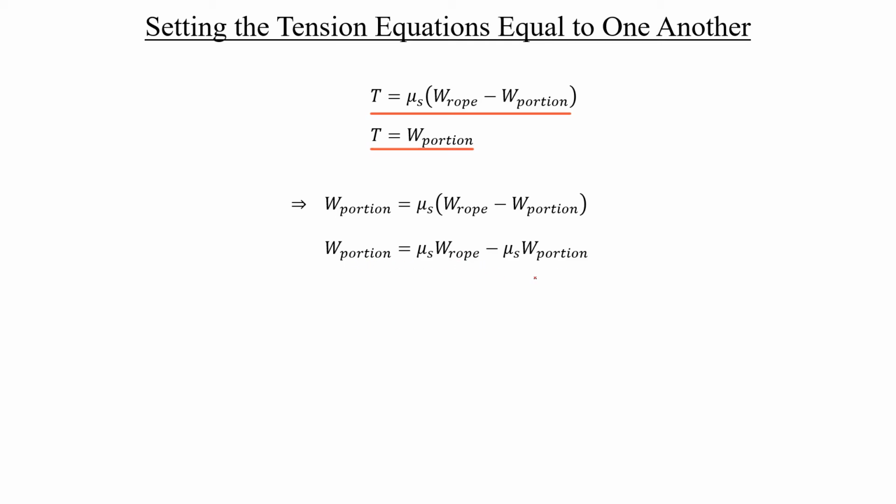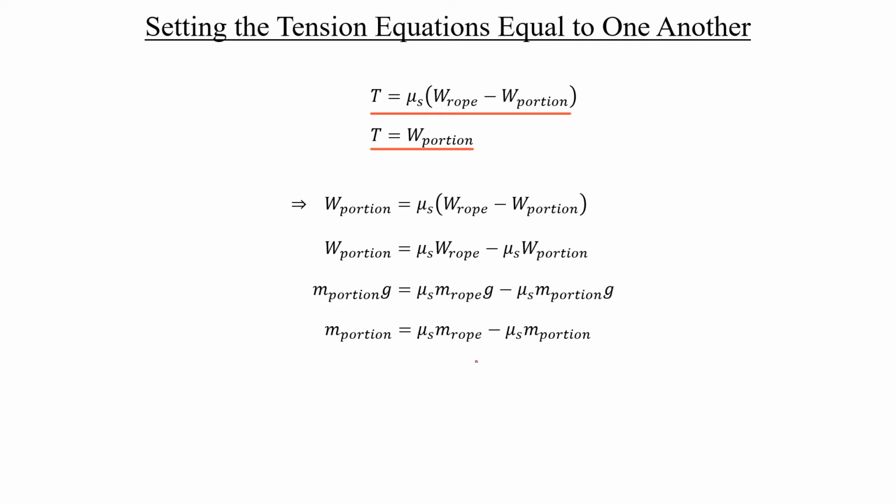So if we enter that in next, we have the mass of the portion times g here, the mass of the rope times g here, and then the mass of the portion times g here. So it all corresponds. What's nice is that we have g in each term on both sides, which we can just eliminate. We don't need that anymore. And we're left with this.